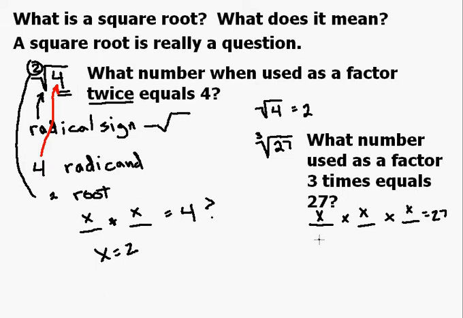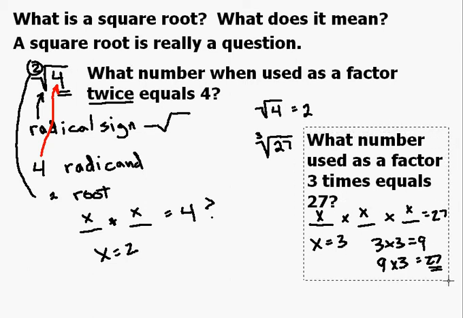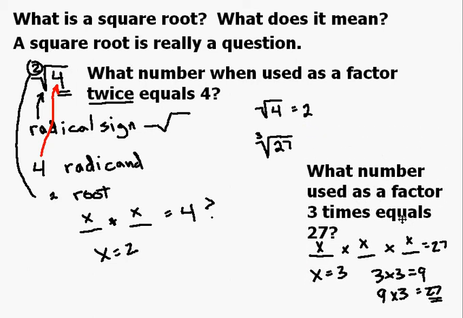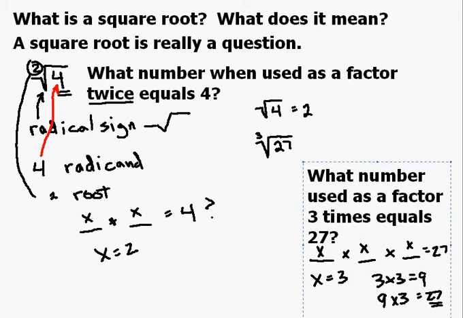Well, in this case, x is equal to 3, because we know 3 times 3 equals 9, and then when we take 9 and multiply it by 3 again, we get 27. So the answer equals 3.